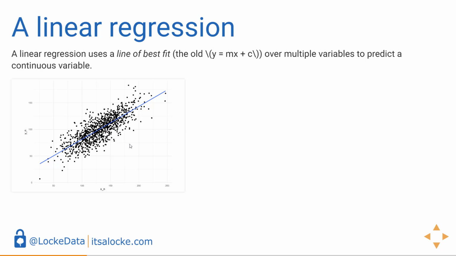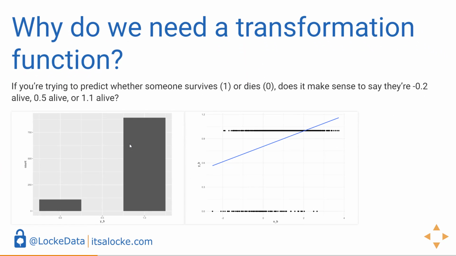Okay. So we need a transformation function for logistic regression because it doesn't make sense to have a continuous prediction for something that can only hold one or two, like a couple of values.